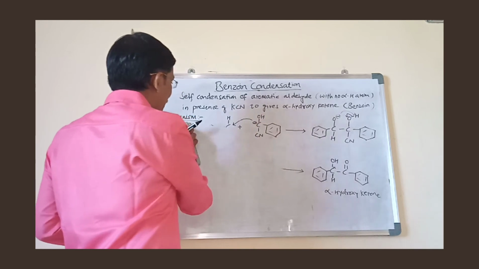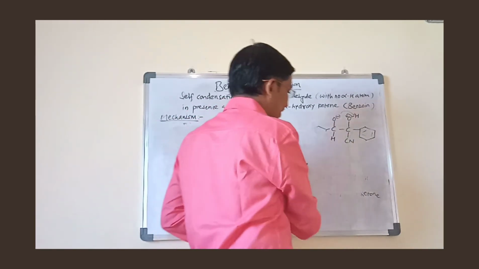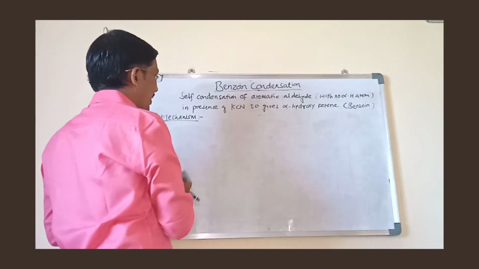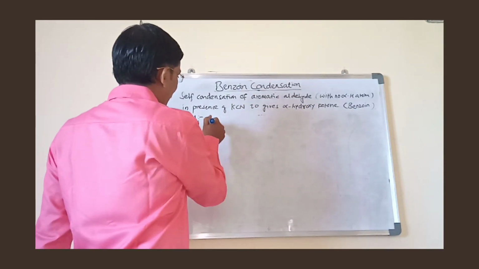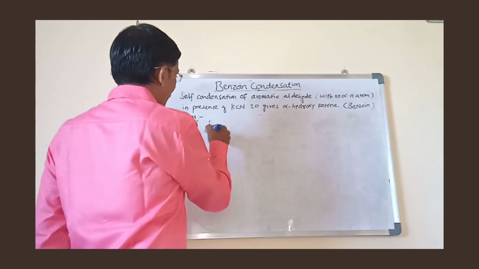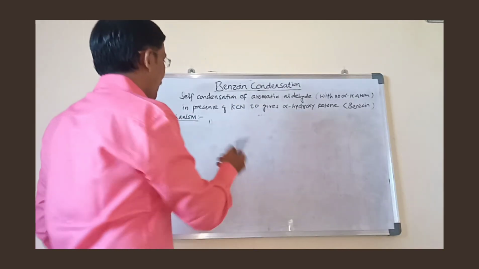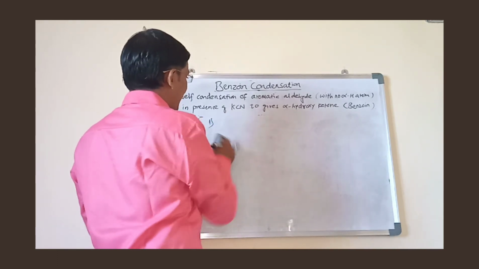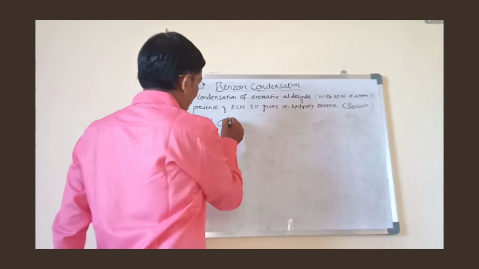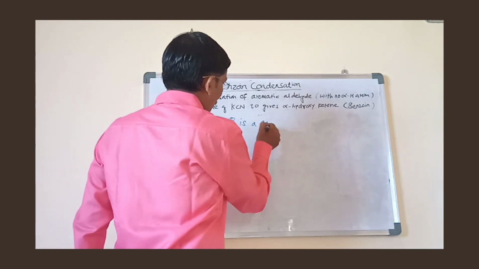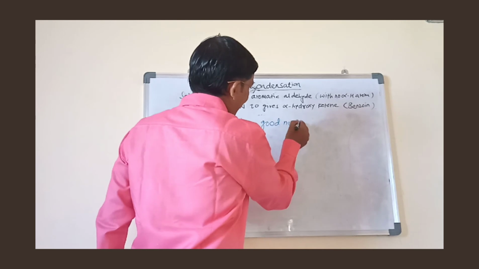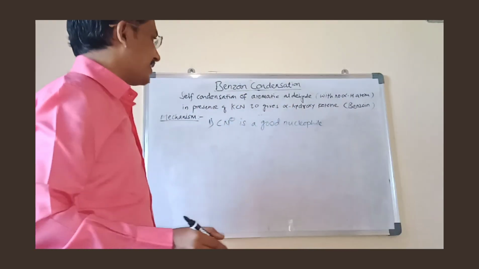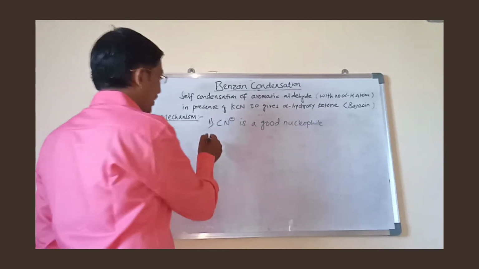The main points for why cyanide is used in this reaction are: first, CN minus is a good nucleophile, as we saw in the first step, it attacks the carbonyl carbon.